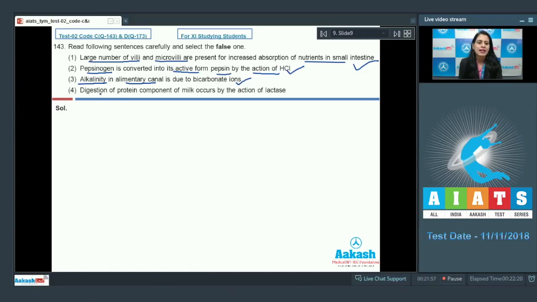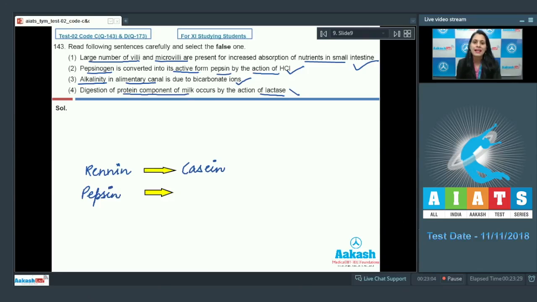Our last statement is digestion of protein component of milk occurs by the action of lactase, and this is the false statement because the protein component of milk is casein, and it is initially acted upon by an enzyme present in stomach called renin, and then by pepsin, and not by lactase which will act on lactose, which is a disaccharide. So the correct answer for this question is option number 4.